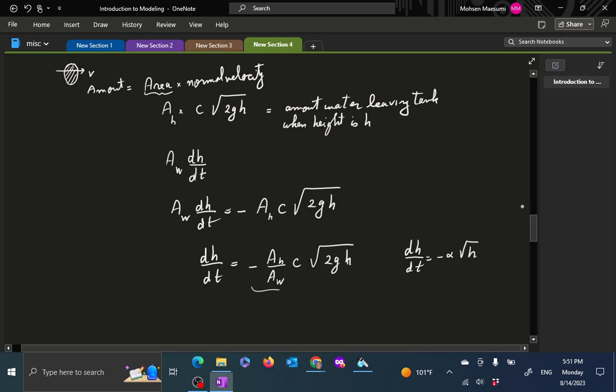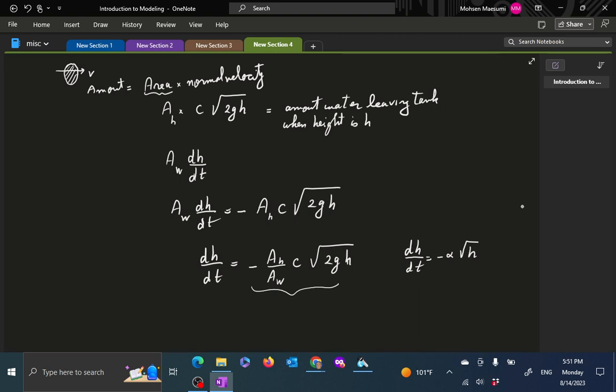So all of these things we put aside is some constant. The essence of this differential equation is dH/dt is minus some number times square root of h. Your textbook probably wants you to write this one because there's no alpha there. So this is the differential equation.